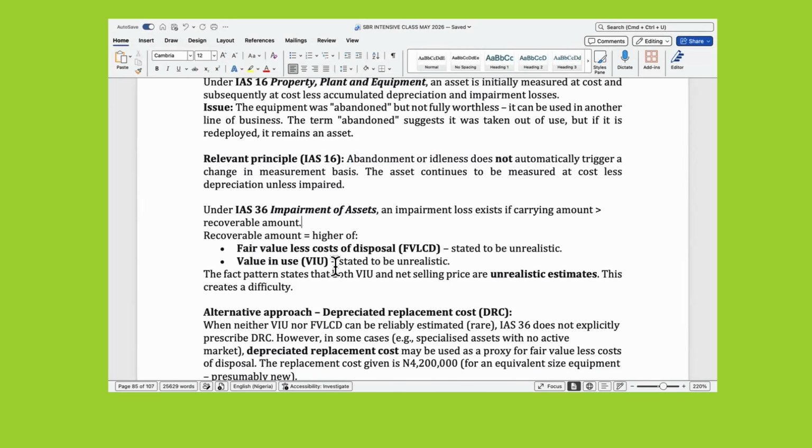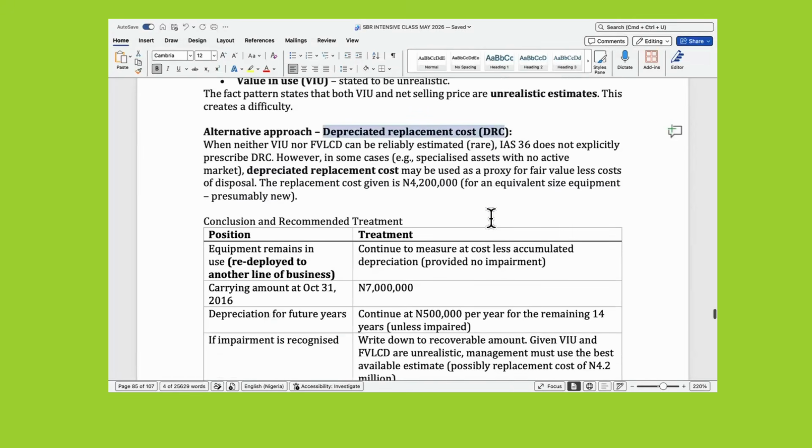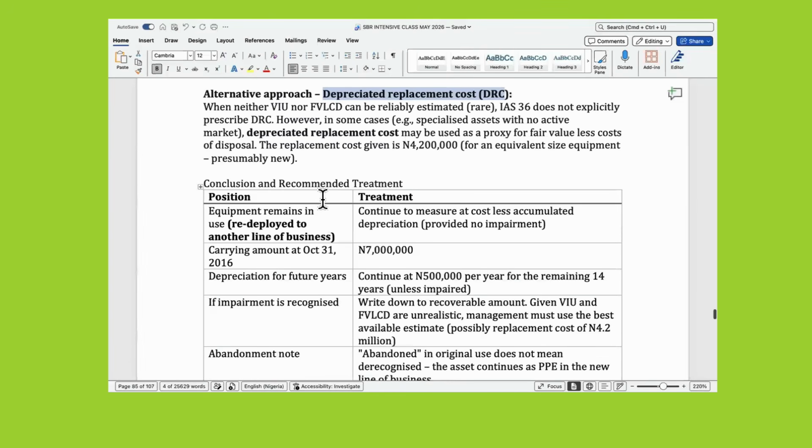So that means we cannot get the recoverable amount. So alternatively, we use the replacement cost given to us. And since the equipment is still in use, it means that we'll continue to measure it at cost.